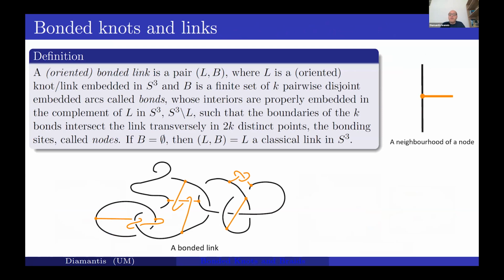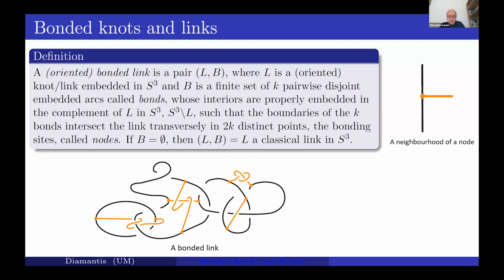The only thing that is important to keep in mind is that we allow bonds to intersect. We allow bonds to be knotted. We allow bonds to have crossings between bonds. And this is a completely new approach that we believe is very important in order to be able to actually analyze and study the proteins. Okay, so this is what we call a bonded link.